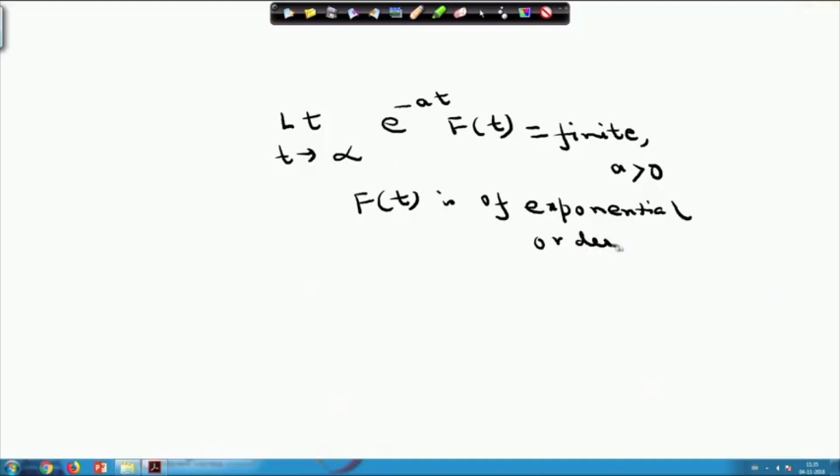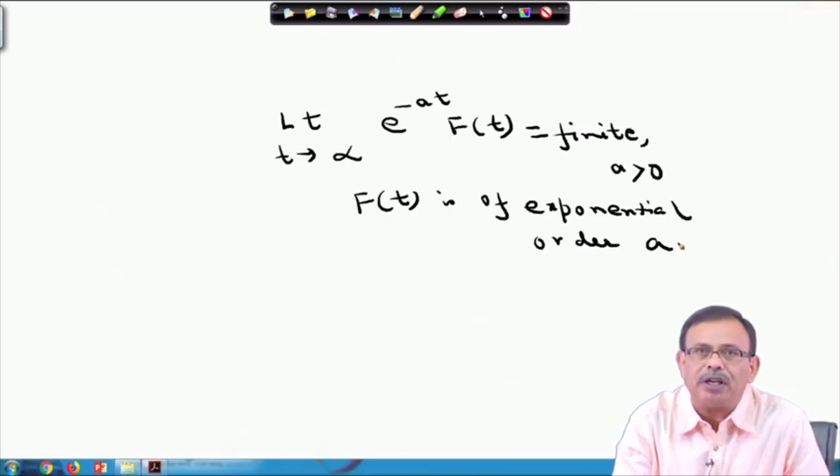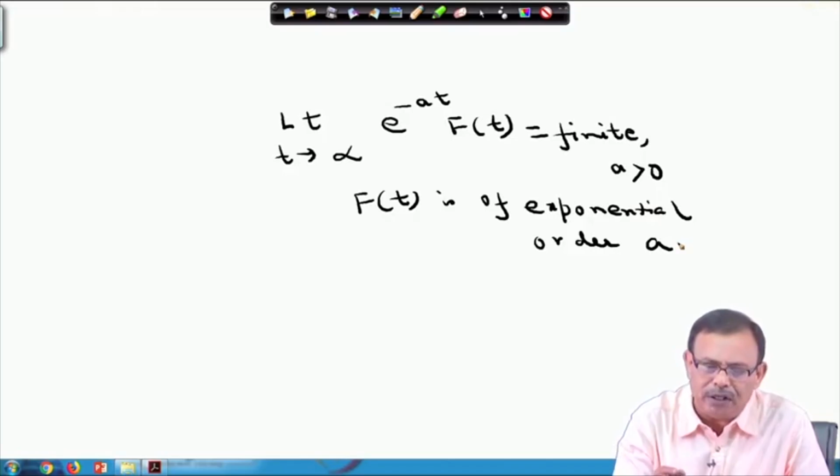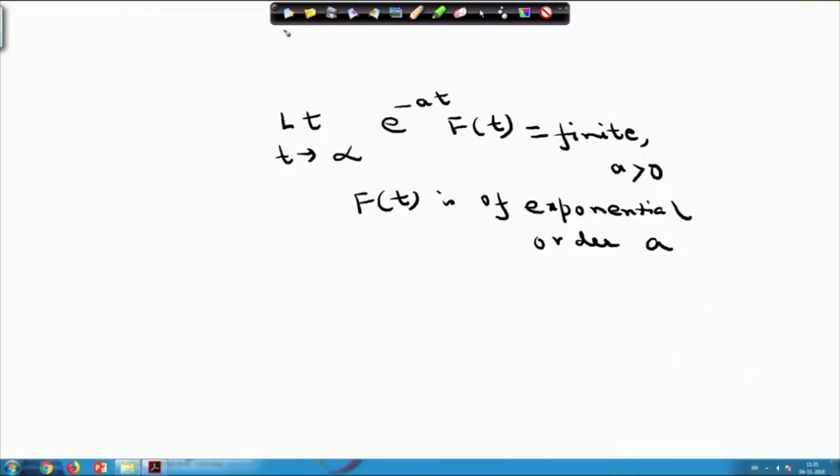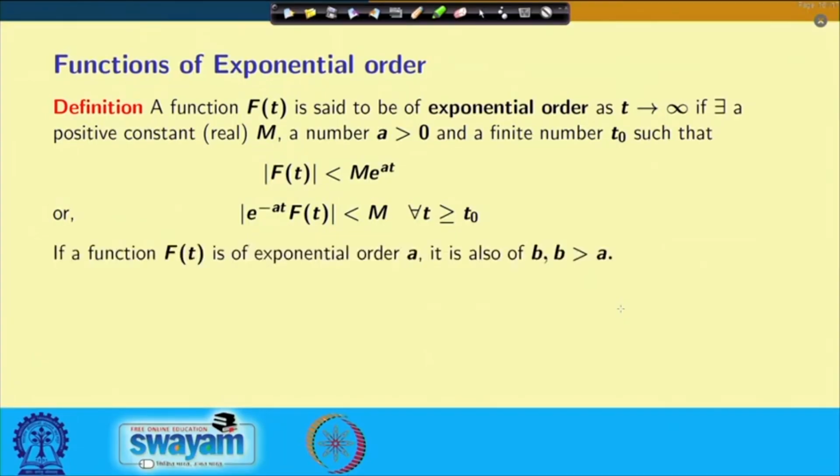In the other way also, as t approaches infinity, if the limiting value of e^(-at) f(t) is a finite value, then we say that f(t) is of exponential order a. Or we can say that the absolute value of e^(-at) f(t) is less than or equal to M whenever t approaches infinity. So, we can define it in any one of these two ways.